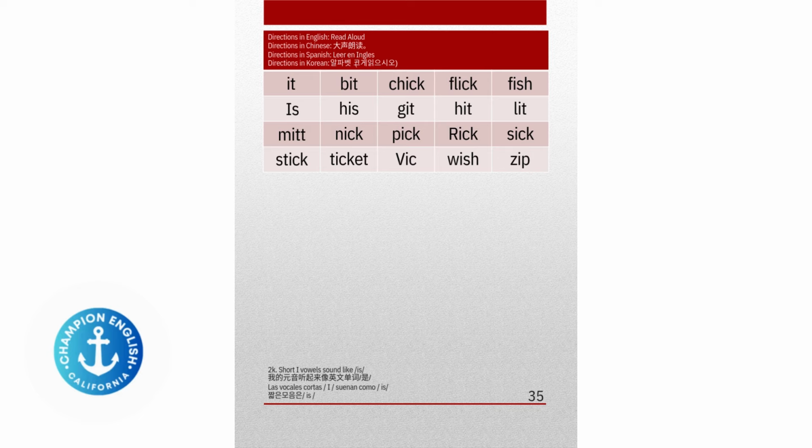Okay, students, now we're going to sound out each word together. And here we go. B and it, bit. Ch and ick, chick. Fl and ick, flick. F and ish, fish. Is and is, his.